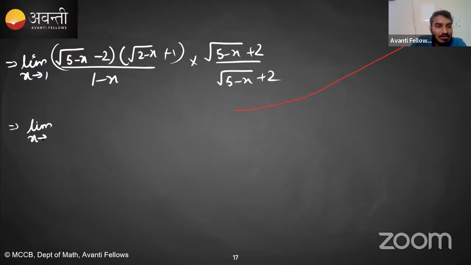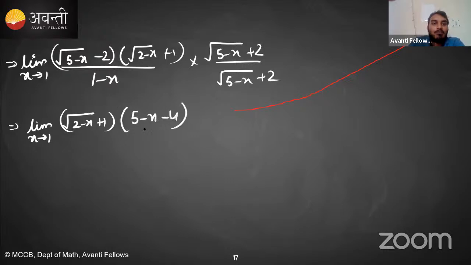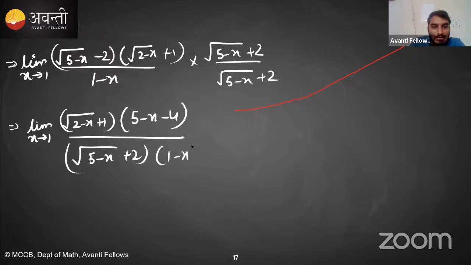Limit x tends to 1. So root of 2 minus x plus 1 as it is. This is a minus b into a plus b, which is a square minus b square. So what you will get is 5 minus x minus 4 divided by the square root of 5 minus x plus 2, into 1 minus x.